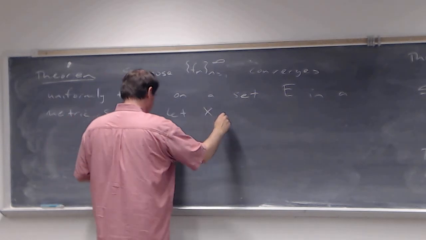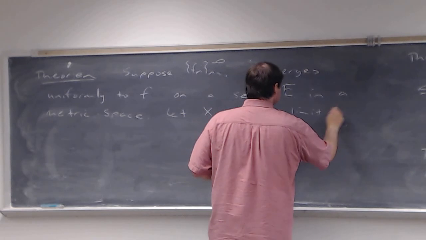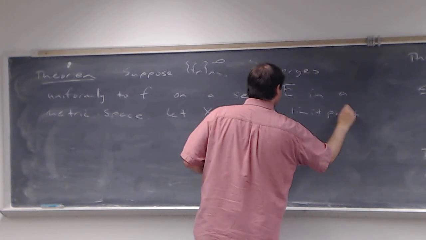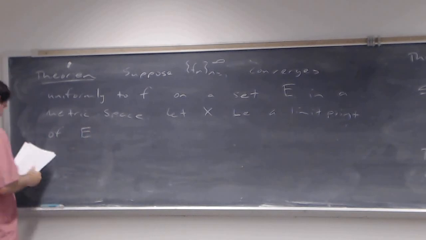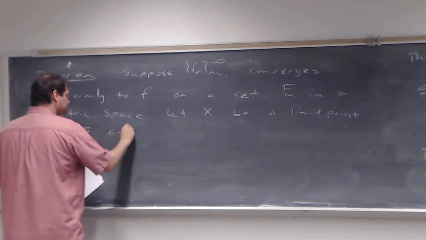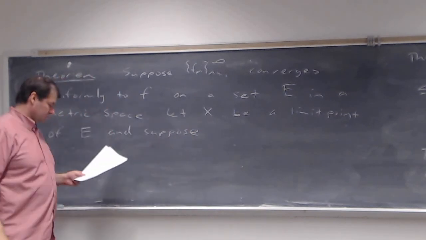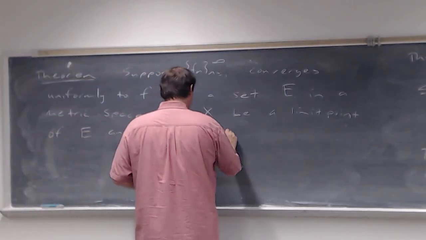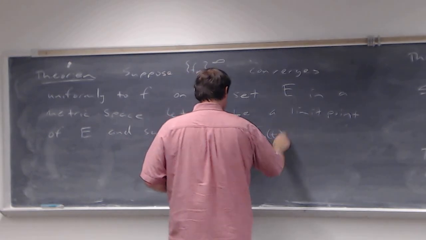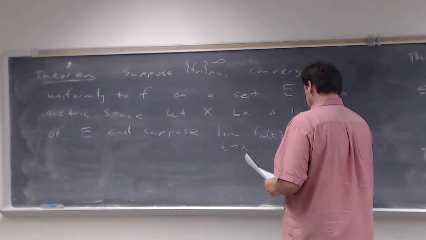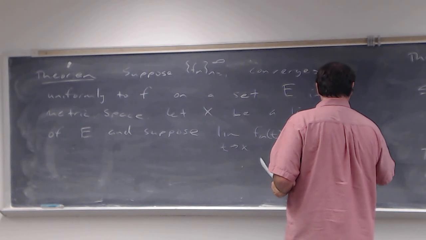Let x be a limit point of E, and suppose the limit as t goes to x of f sub n of t equals a sub n. And that's true for n equal 1, 2, forever.